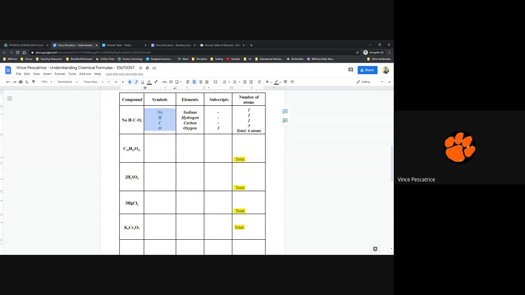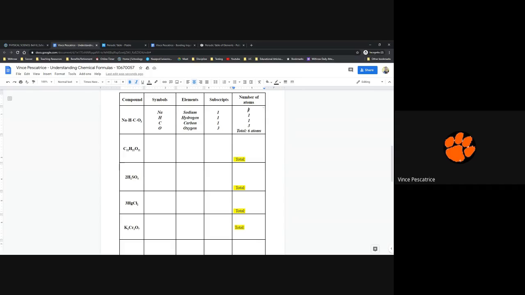Next, you're going to write out the full name of the element here. And then for the subscripts, if there's no subscript, put down a 1. That means if there's no little number that follows the letter, put down a 1. So in all of them except for oxygen, there's a 1. For oxygen here, there's a little 3, so you put that here.